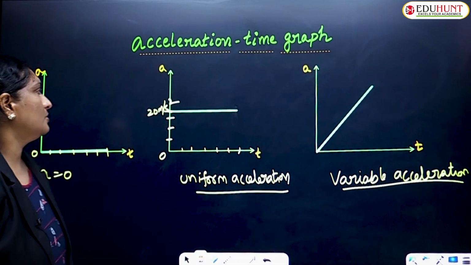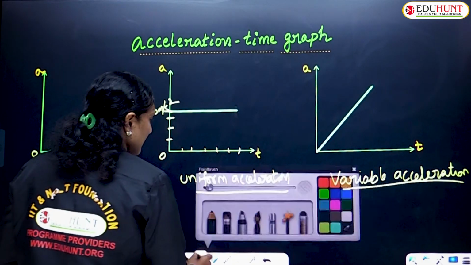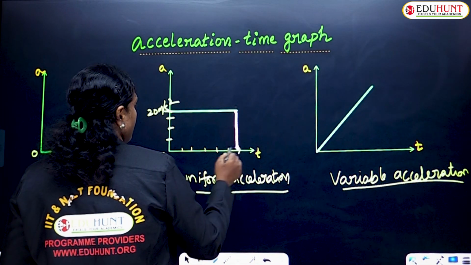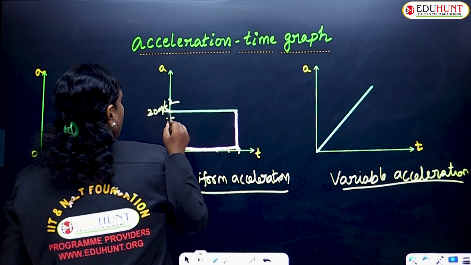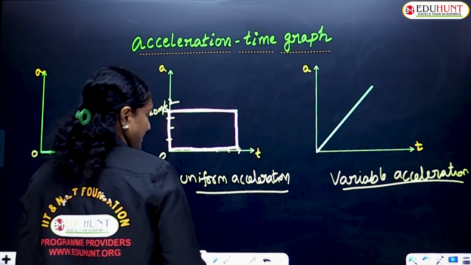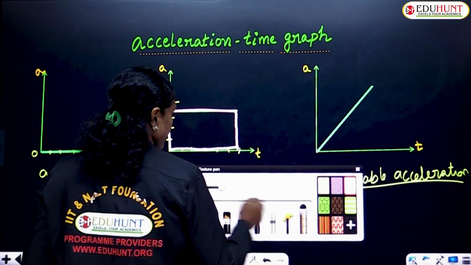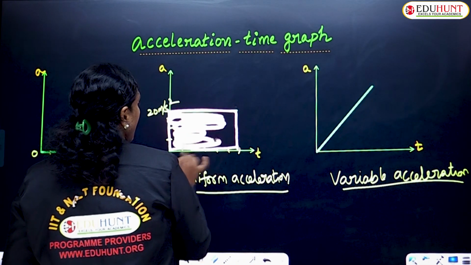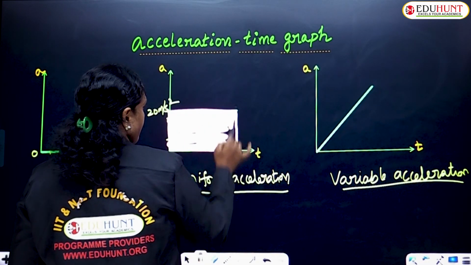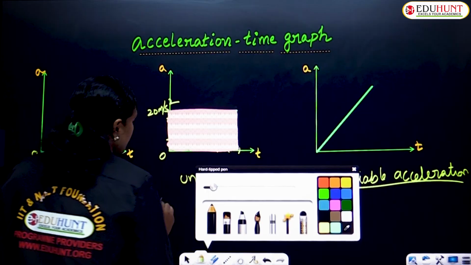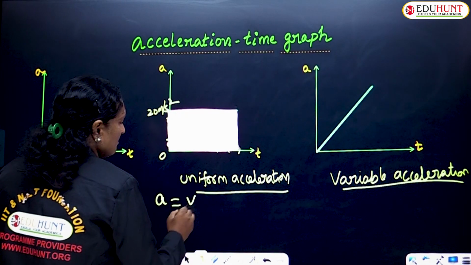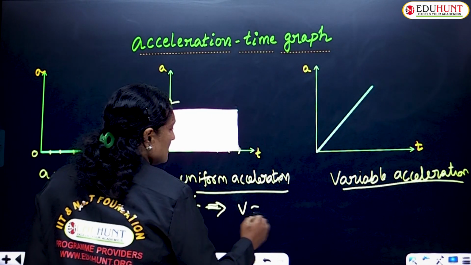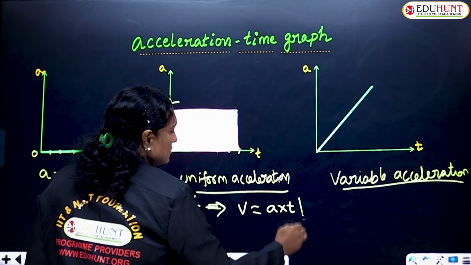I also told you about the area under this acceleration time graph. The complete area under the acceleration time graph, what does that give, children? We know that acceleration equals velocity by time. This implies velocity equals acceleration into time.